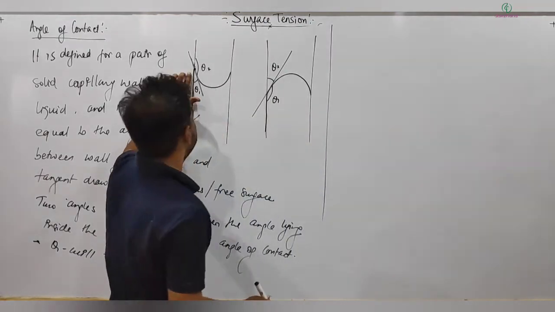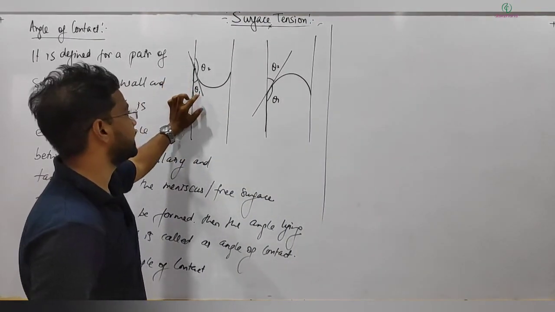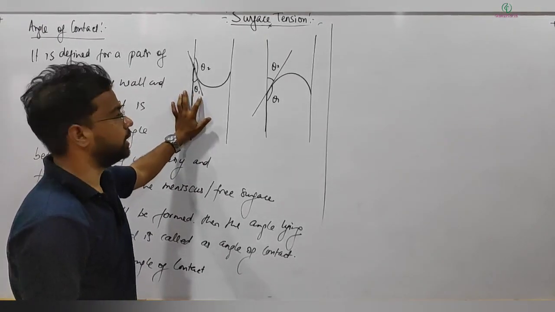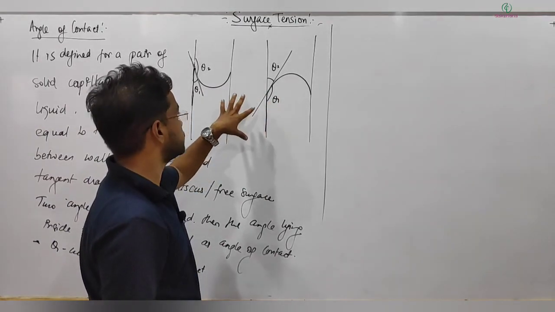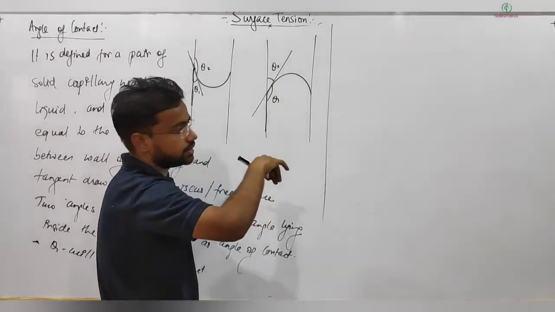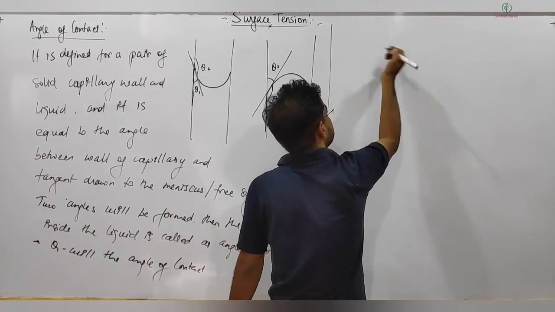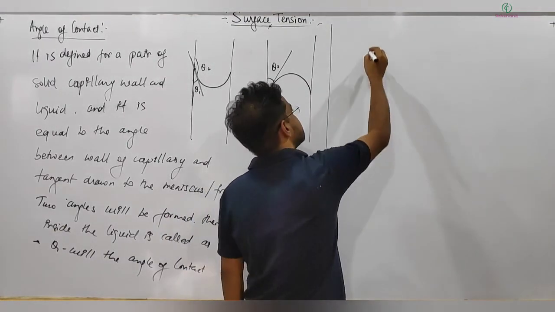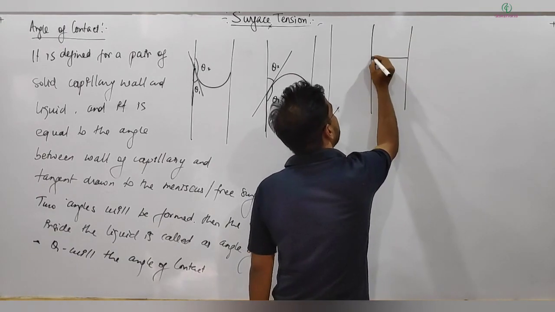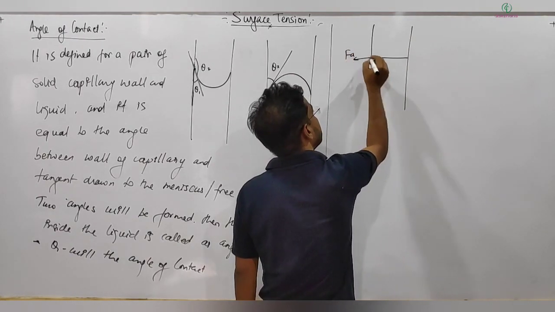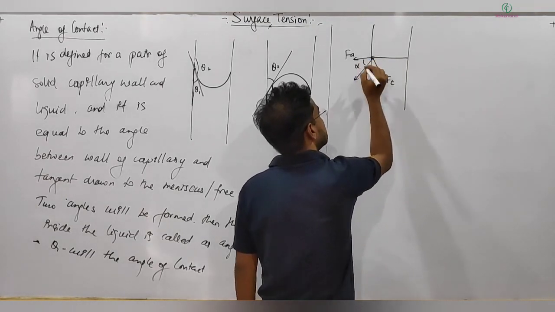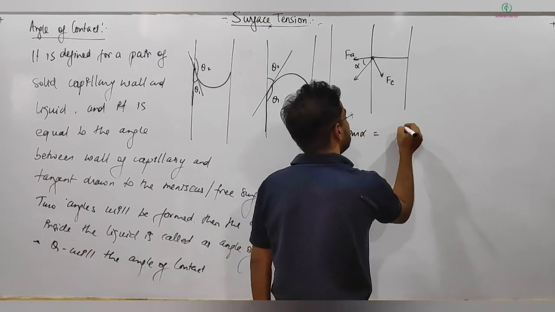We can write here adhesive force is greater, then what will happen actually here? Theta, or angle of contact, will be small when adhesive force is greater than cohesive force, or we can also relate it here, net force will be lying inside, is it? If I relate it with the same condition of shape of meniscus like this, so here this is, let's say, atom, so this is adhesive force, cohesive force, and net resultant force, let's say this is alpha, then we already wrote tan alpha is equal to what?